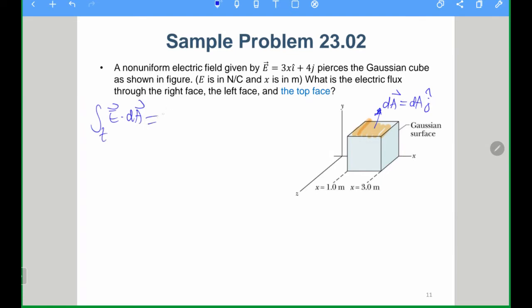So similarly, we have 3x. Now we don't really know what x is, because x is changing. But soon we will find that this is not a great issue.